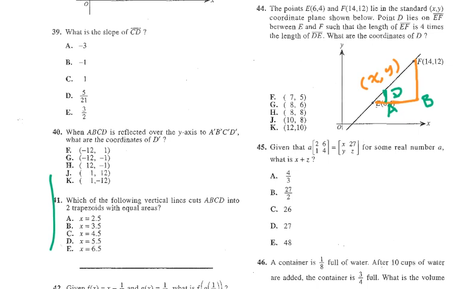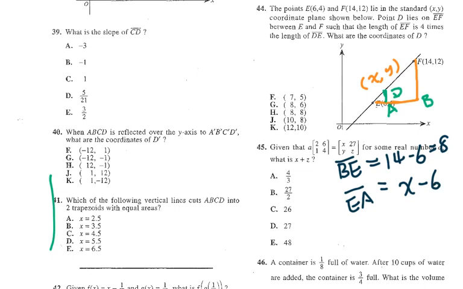For BE, it will be 14 minus 6 equals 8. And then EA, it will be x minus 6.